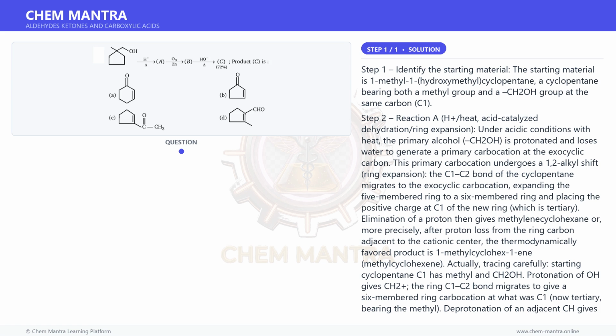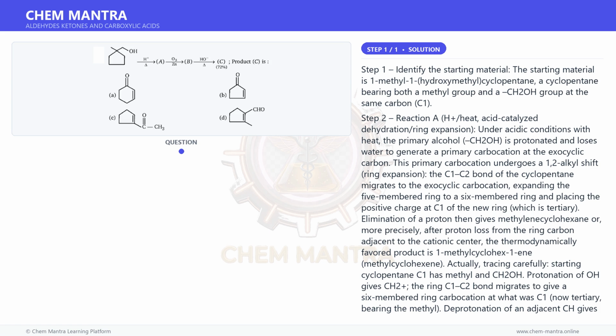Step 4. Reaction C. Base, heat. Intramolecular aldol condensation. The ketoaldehyde B, 6-oxoheptanal, undergoes intramolecular aldol condensation under basic conditions with heat. The base deprotonates the alpha carbon of the ketone, and the resulting enolate attacks the aldehyde carbonyl intramolecularly, forming a 5-membered ring beta-hydroxycarbonyl intermediate, the aldol product, which then undergoes dehydration with heat to give the alpha,beta-unsaturated cyclic ketone.